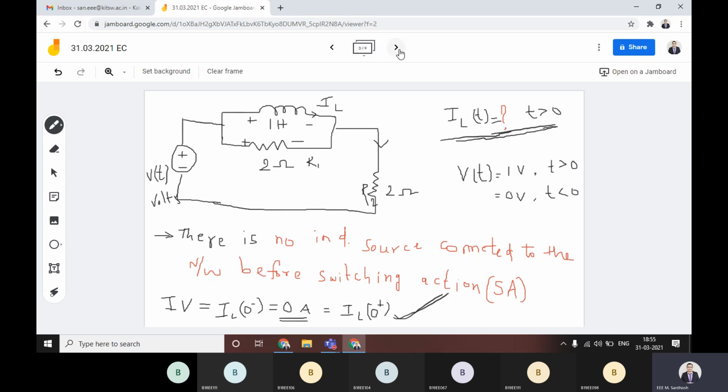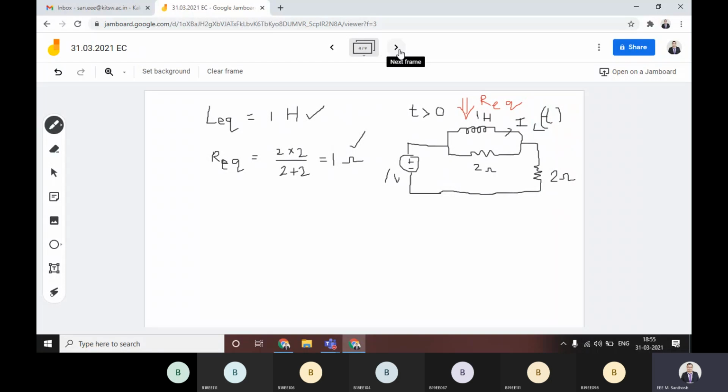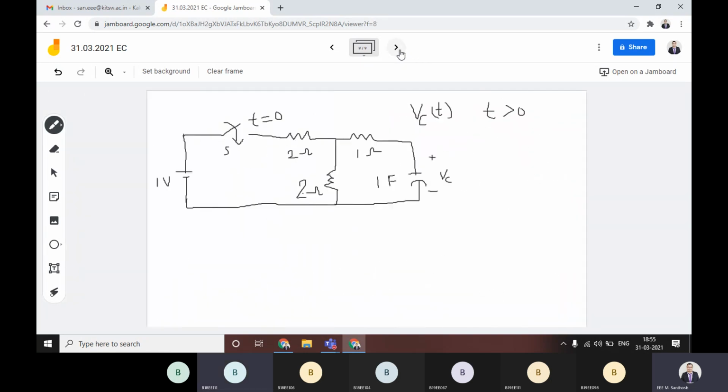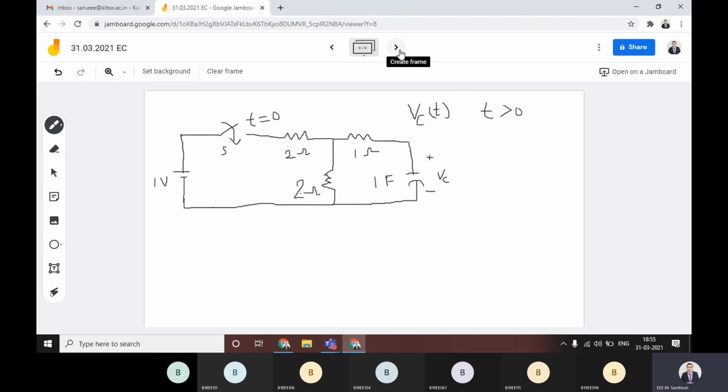Okay, now you start solving. I'll check. You solve for Vc of t. How much are you getting? 0.5 volts. It is 0.5, but you give the full expression.